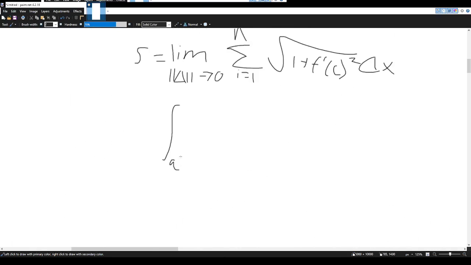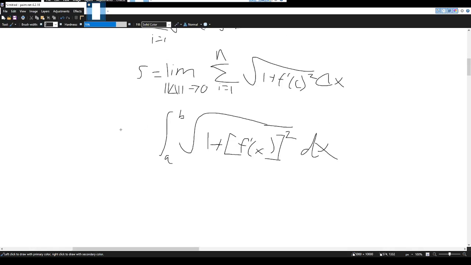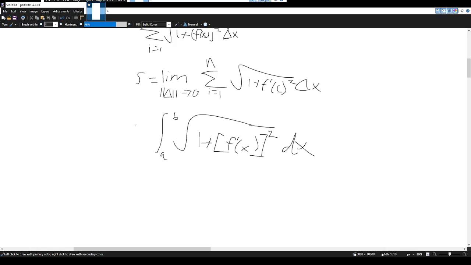So, integral from a to b of the square root of 1 plus f prime of x squared, and then dx. So this is the formula for the length.